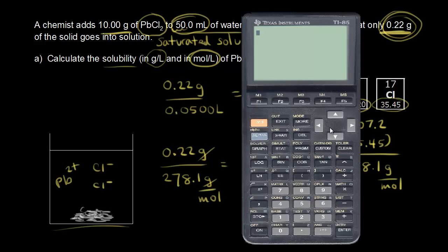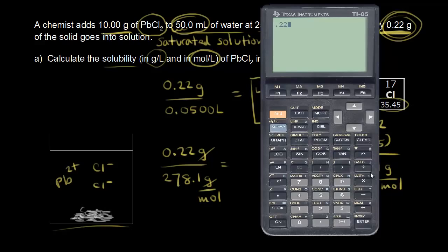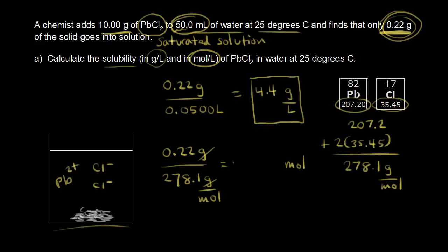We have 0.22 grams divided by 278.1, and that gives us 0.00079 moles. We're trying to find the molar solubility, so we need to divide moles by liters, and we already saw the liters was 0.05, so we need to divide that by 0.05 liters.